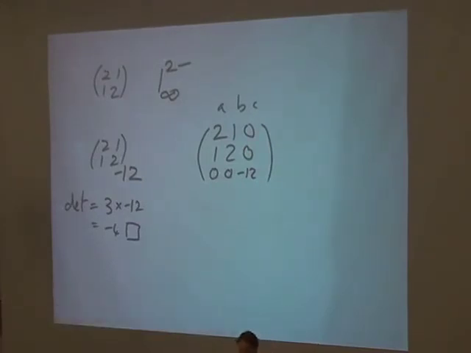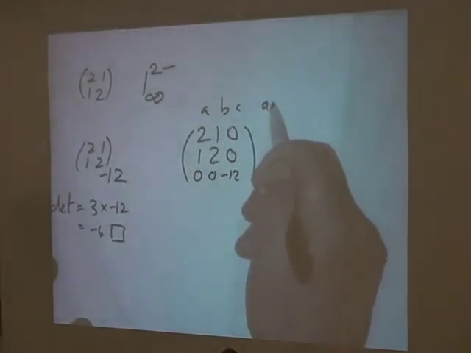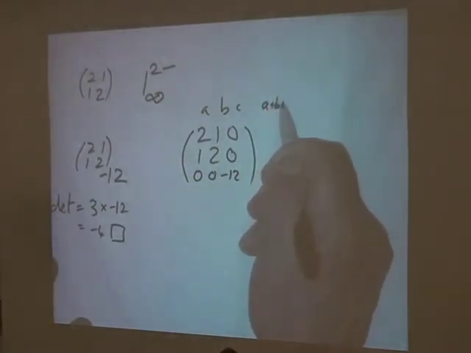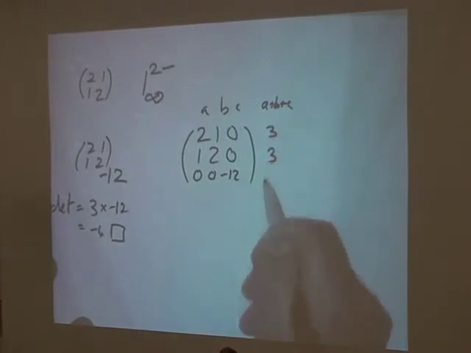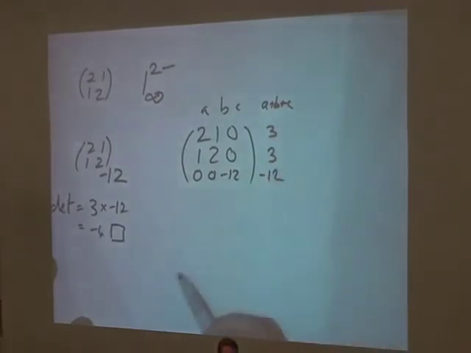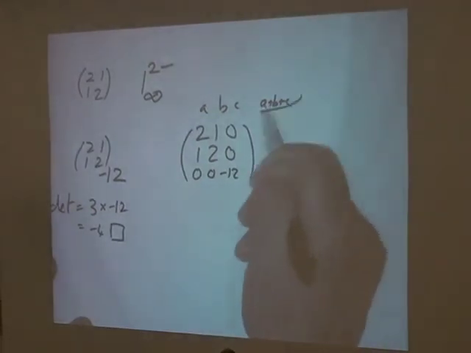Well, we take a superlattice of index 3. And so we've got to find something. Let me just tell you what the answer is. Let me write A plus B plus C here initially, and that's 3. 3 minus 12. Those numbers are all divisible by 3. And then I'm going to divide it by 3.